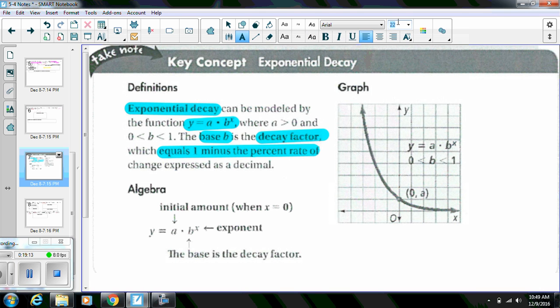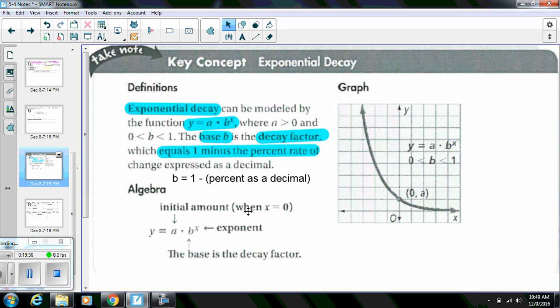So let's write this down. Make sure you have this. B is equal to, for decay only, 1 minus percent as a decimal. Okay, this is your decay factor now.